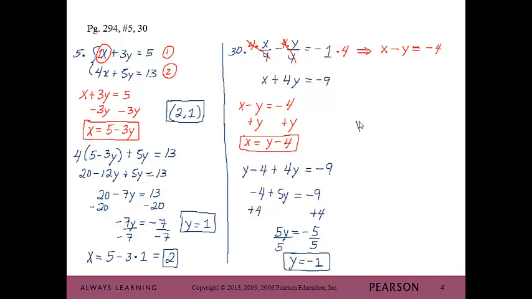So we're going to have x equals negative 1 minus 4, which is negative 5. So the solution to this system is the ordered pair (-5, -1). And again, you can check it by plugging this solution into both equations, and you'll see that the left side equals the right side.